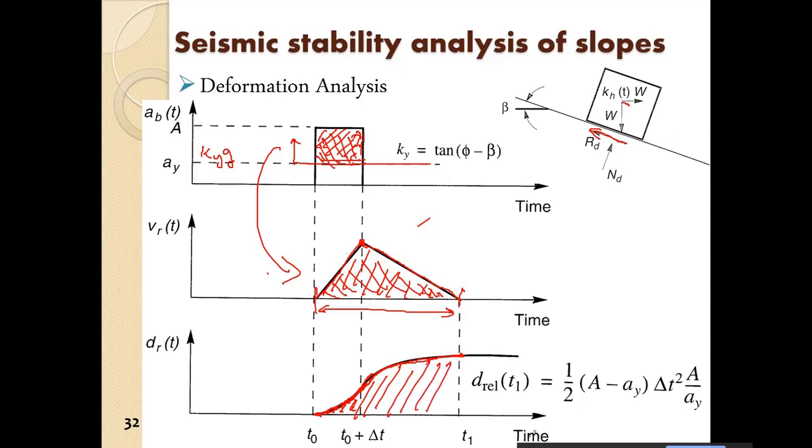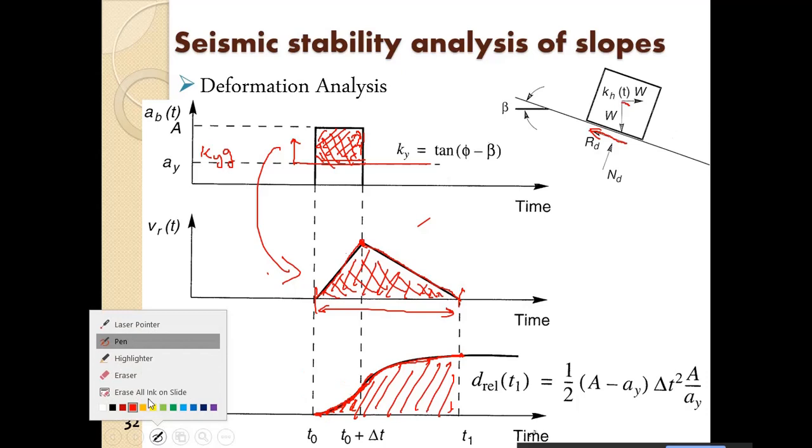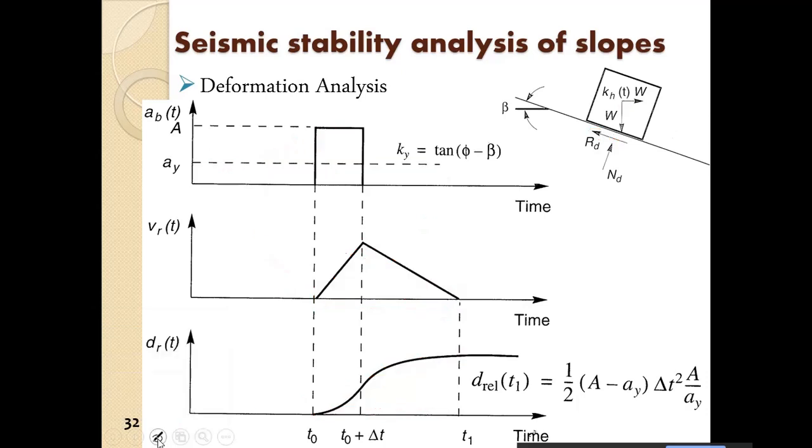Newmark found out the displacement which may occur, the total displacement, not this area, of course. So this displacement which has occurred for this particular time step, we can find out as this one. T0 to T1 is the time interval.